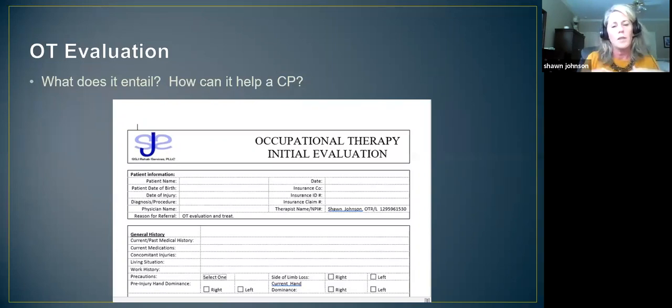So what I've been requested from CPs in the past is to submit my evaluation along with their prosthetic evaluation and recommendations to help insurance approve the prosthesis. So again, that's something that you could request and compile into your arsenal when you are trying to get insurance to approve a prosthesis.